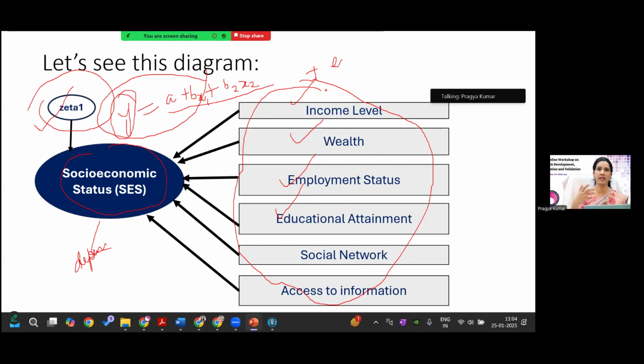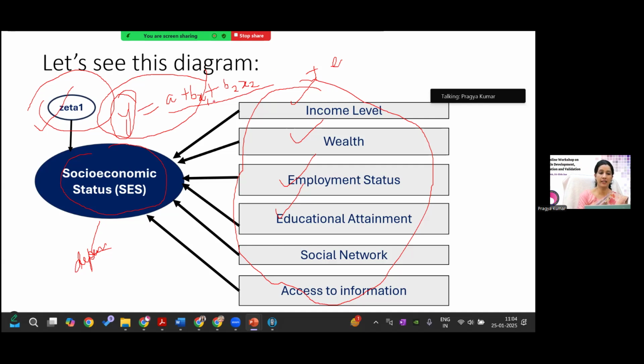If a family of mine is related to a politician, or if I am at a very high level post, employment status is a general thing, but I may create another indicator, whether I am at a director level or a very high authority admin level or not. If I take that also as one of the indicators, then maybe that will also add to some of the variation.